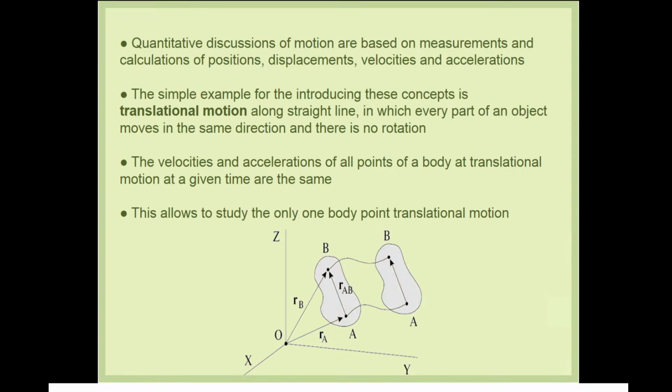So it is reasonable to take only one point of the body and consider only this point's motion, supposing that all the mass is concentrated just at this point. For example, this might be the center of mass of the body.